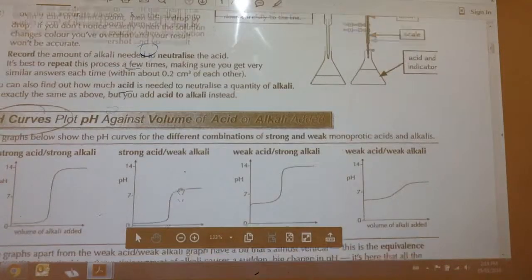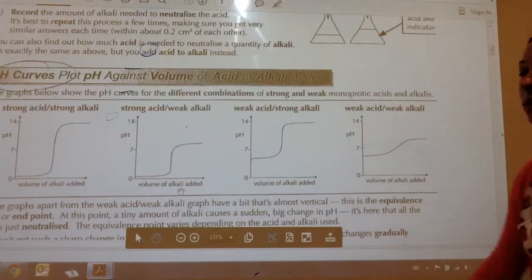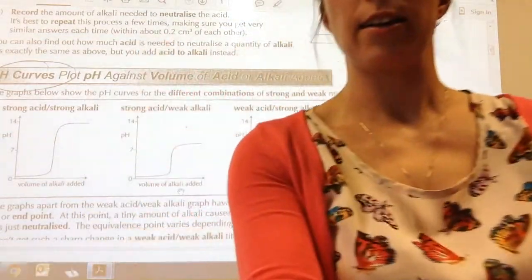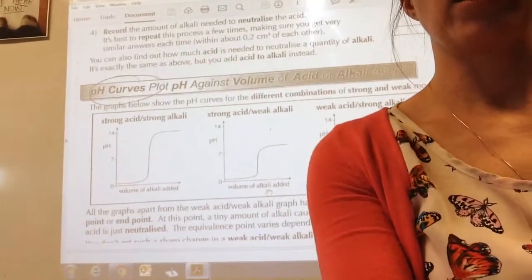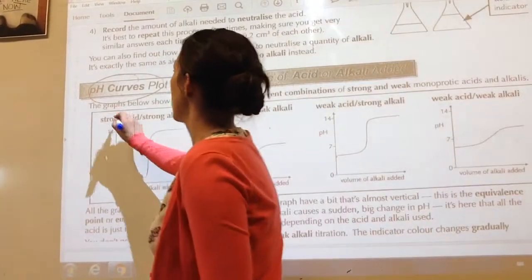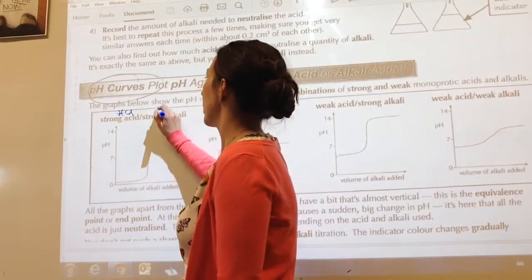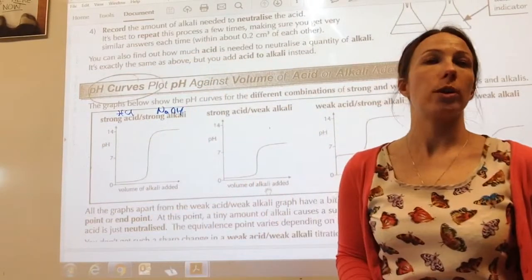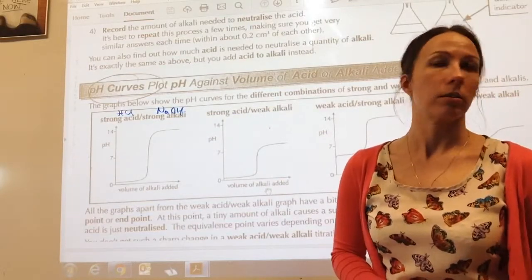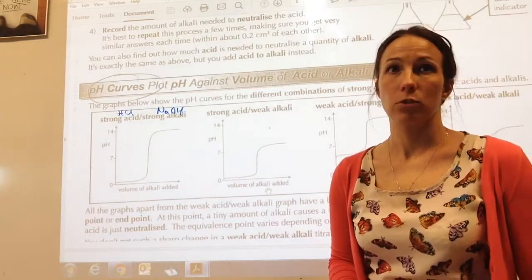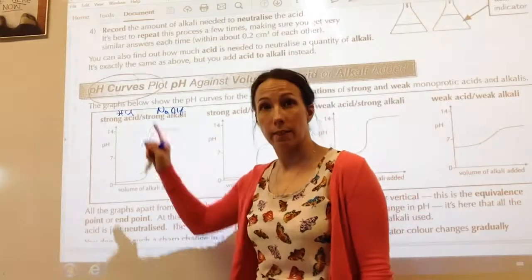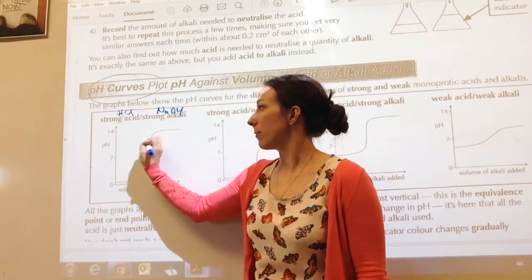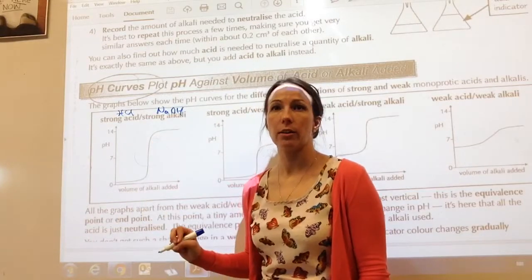Let's go to that graph to remind us what a strong acid and strong alkali graph looks like. In Chem 20 you indeed use a strong acid like HCl and a strong base like NaOH. You don't use H2SO4 because I don't want two bumps. So you're going to use something like one proton exchange, and you're going to need something that changes pH in that range.